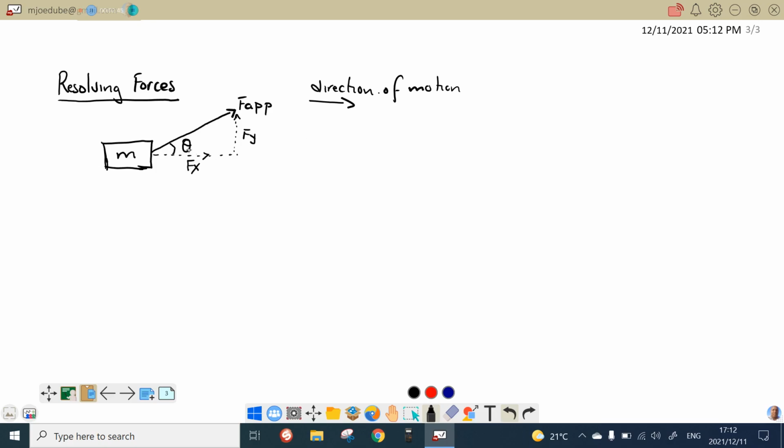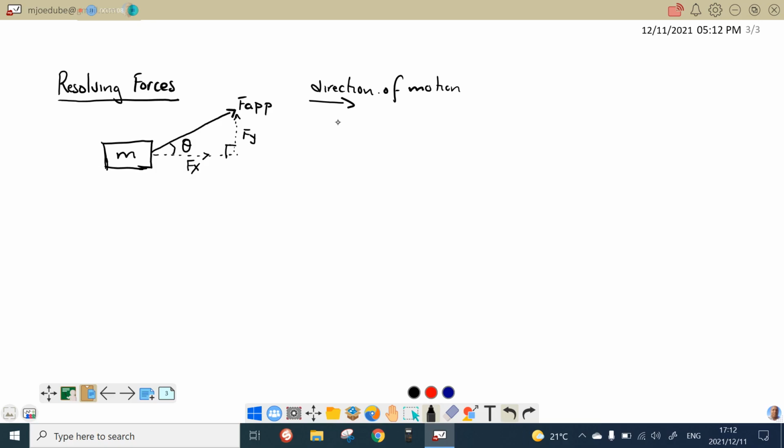From the look of the diagram, you can tell that this is a right-angled triangle, and it has two sides, the side which we are calling Fy and the side which we are calling Fx, and then there is the hypotenuse of the triangle, which is the Fap.